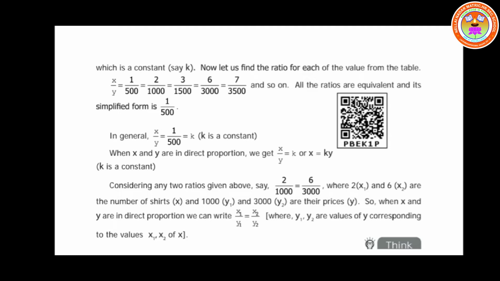So your k value is now 1 by 500. When x and y are in direct proportion, we get x by y is equal to k, or x is equal to ky.